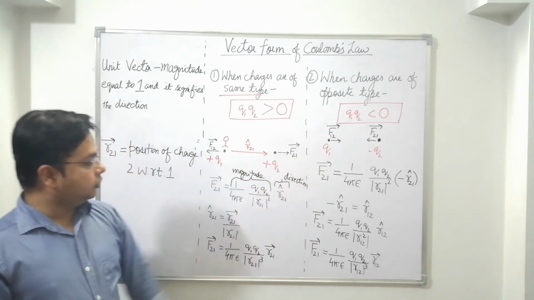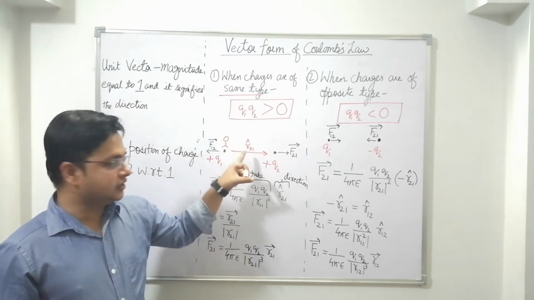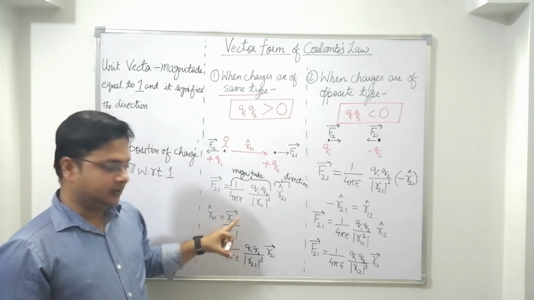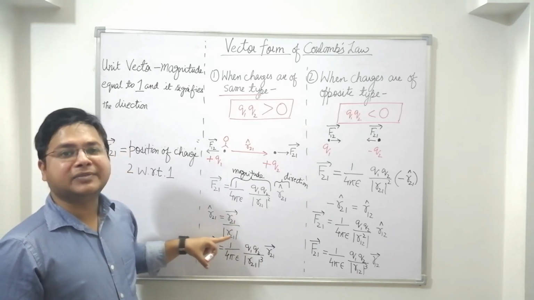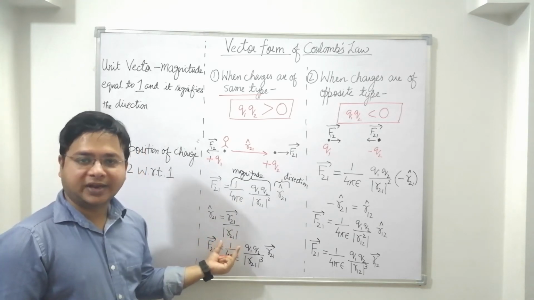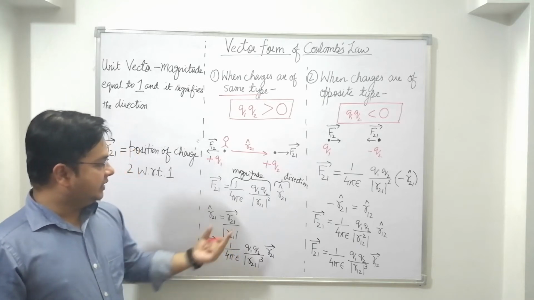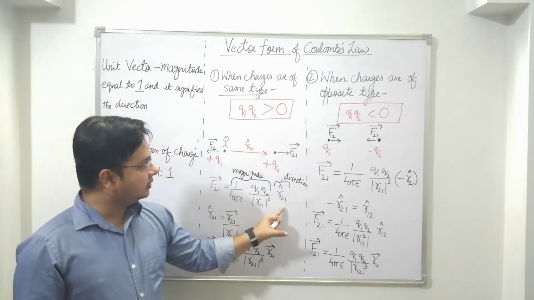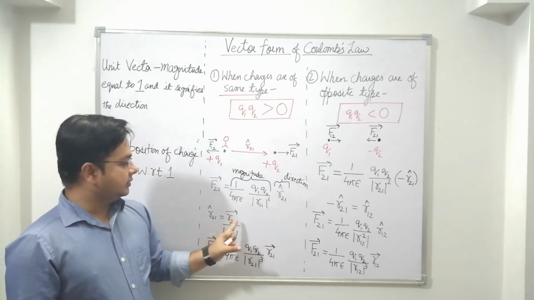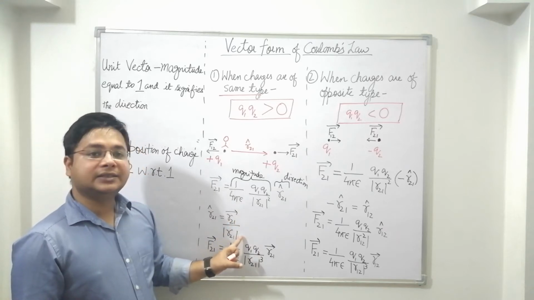Alright. So, and as we have discussed just now, a unit vector can be written as vector divided by its magnitude. The modulus sign here represents the magnitude of the vector. So F21 can be written as, if I replace this unit vector by the definition of unit vector, that it is vector divided by its magnitude.